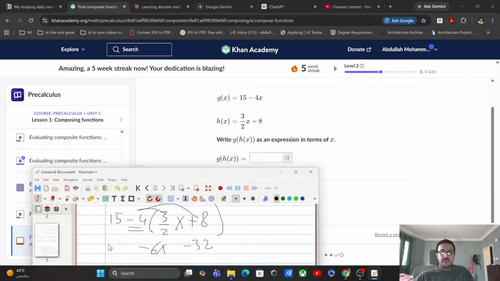And I got 15 here. I got 15 minus 32. That's a minus. It's going to be minus 6x minus, I know it's a minus because the minus is larger. And I got 17, I think. Am I correct?